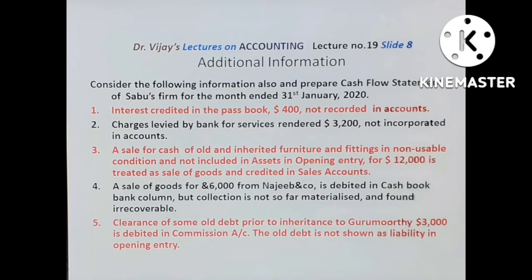Had it been shown there for $12,000, the opening capital would have gone up by $12,000. It is now sold, and the proceeds of sale, $12,000, are credited in the sales account. This cannot be credited in the sales account, and so the correcting entry passed is sales account debit to capital account.